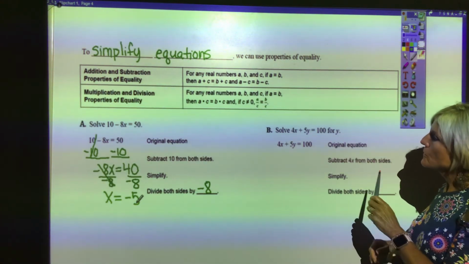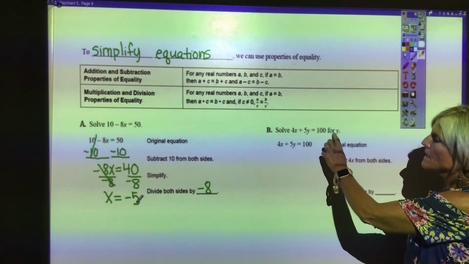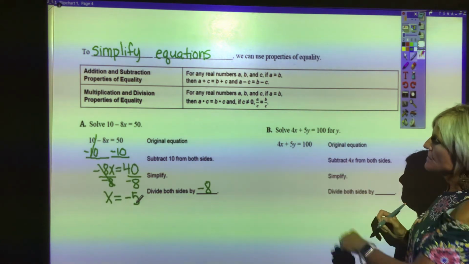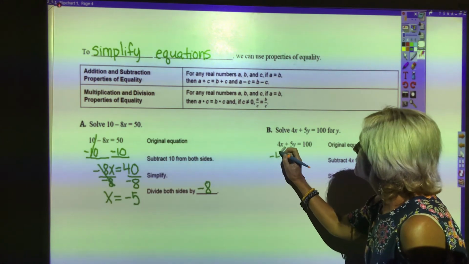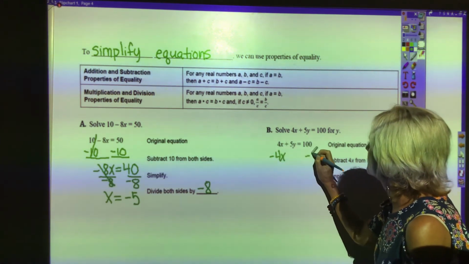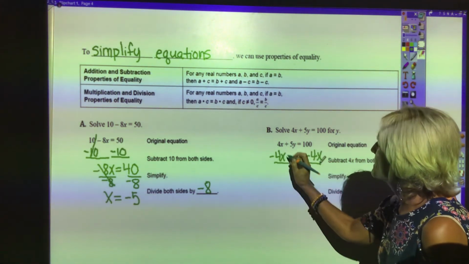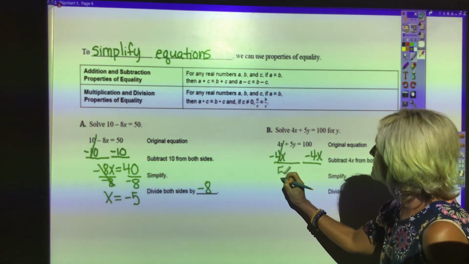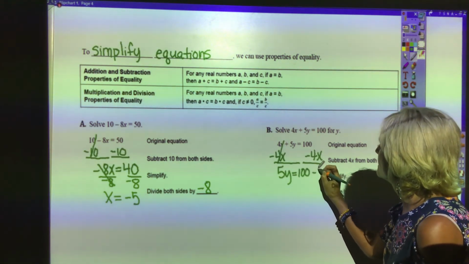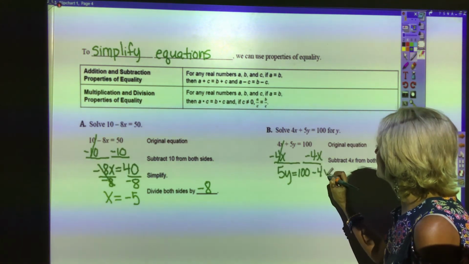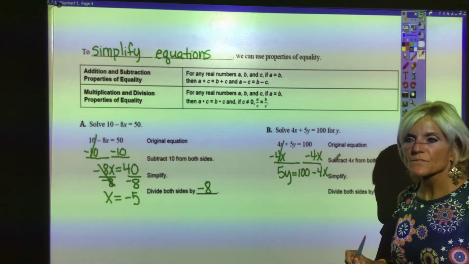Okay, on B, we are solving 4x plus 5y equals 100, and we're solving it for y. So we want to start by subtracting 4x from each side. Then we simplify. Okay, then we're going to divide both sides by 5.